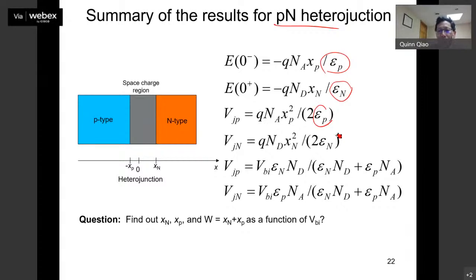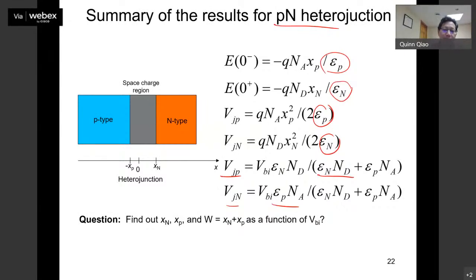That's why you have to include this in the potential, and then you add these two together. That's what you see here: the n-side dielectric constant multiplied by ND plus the p-side dielectric constant multiplied by NA, and then you get the two potentials. You add these two together, that would be the total barrier you will see inside the p-n junction.